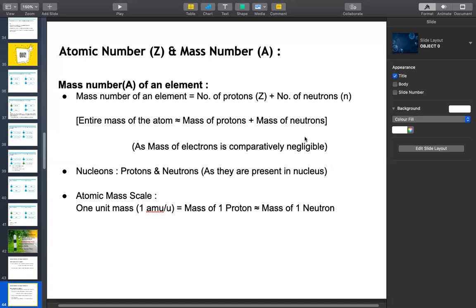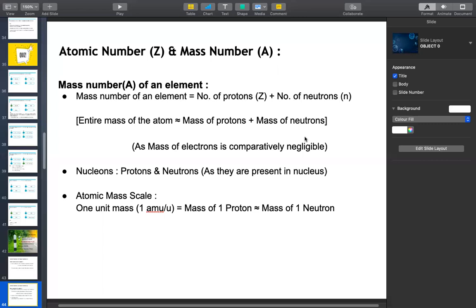The number of electrons is always the same as the number of protons, and the mass of electron is very small compared to the mass of proton, so we ignore it.